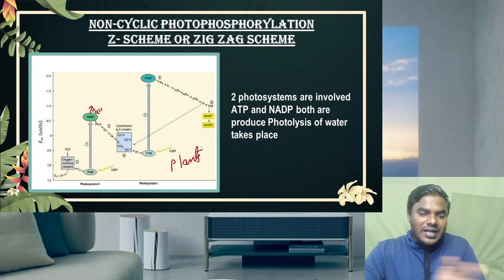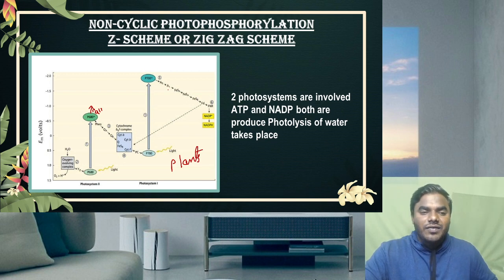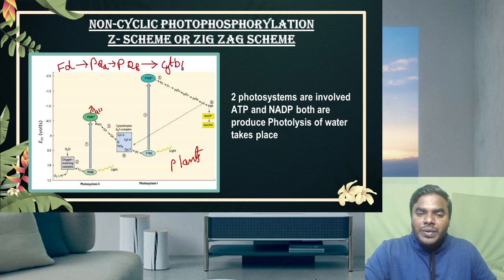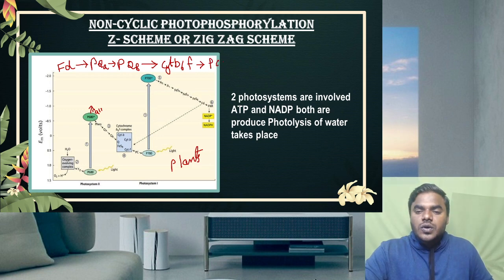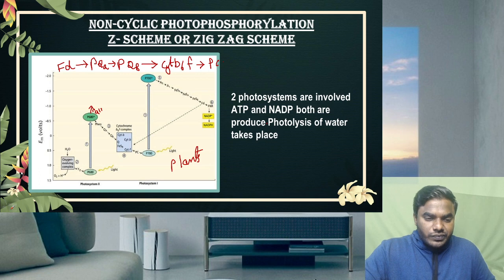You can compare the differences of cyclic and non-cyclic anyway. So in case of cyclic, who is the first electron acceptor we discussed? Ferredoxin. Later plastoquinone A, plastoquinone B, later cytochrome B6F complex, then followed by plastocyanin. Correct?